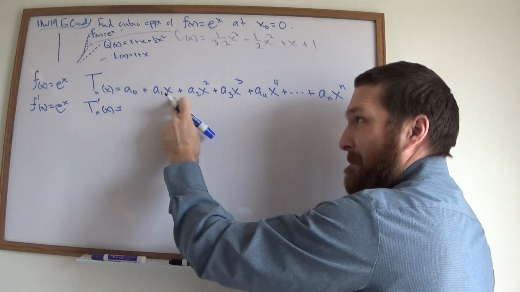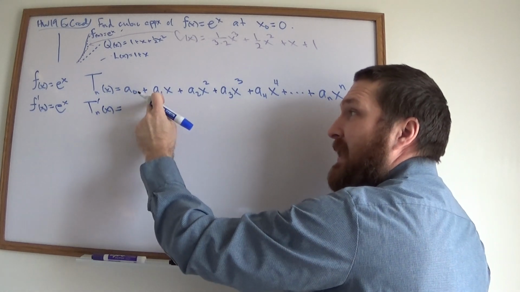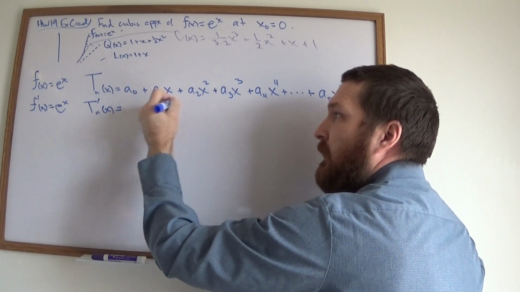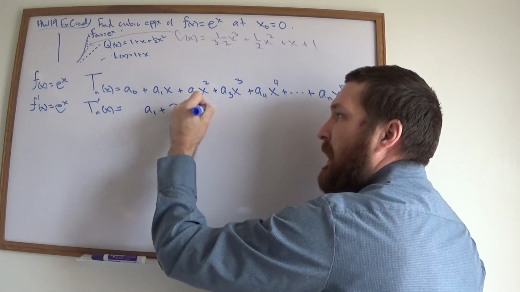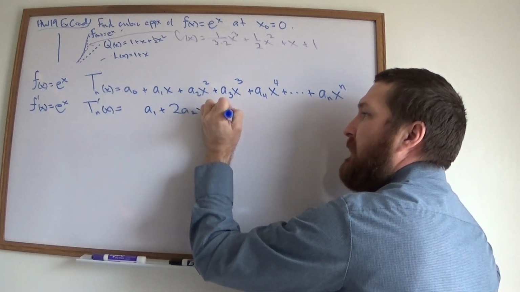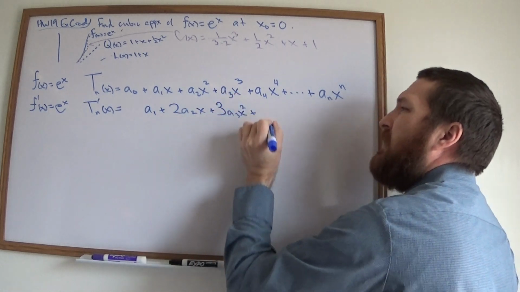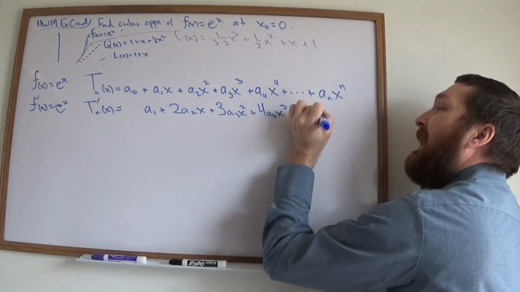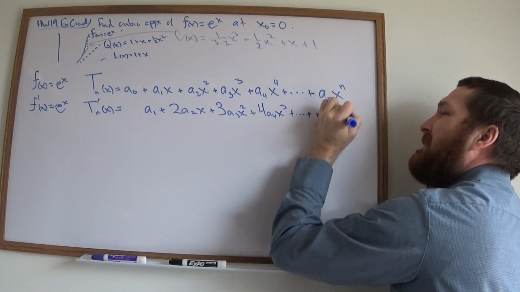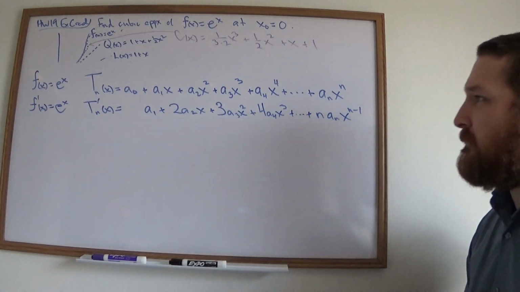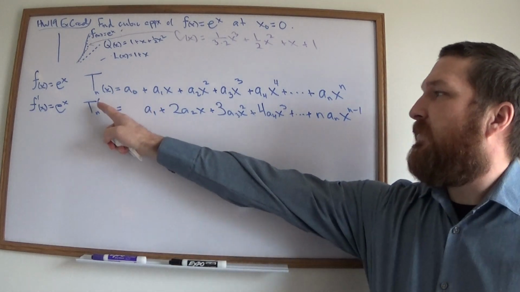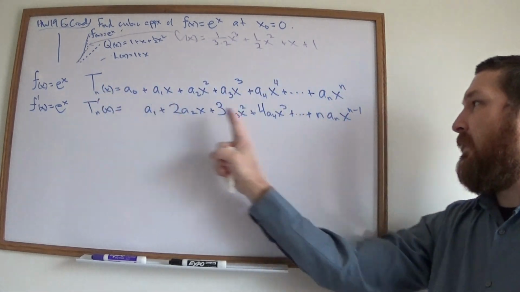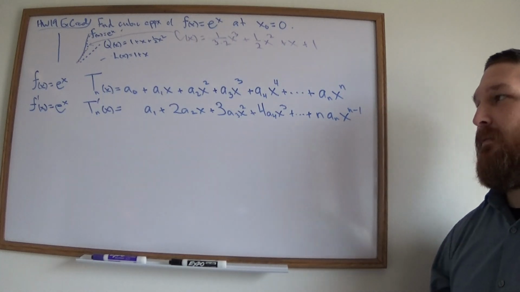This guy goes away, and now we have just A1 left over, plus 2A2x plus 3A3x squared plus 4A4x to the third, up to nA_n x to the n minus 1. Aha, right? This goes down by 1 degree. For the first derivative, we have n minus 1.